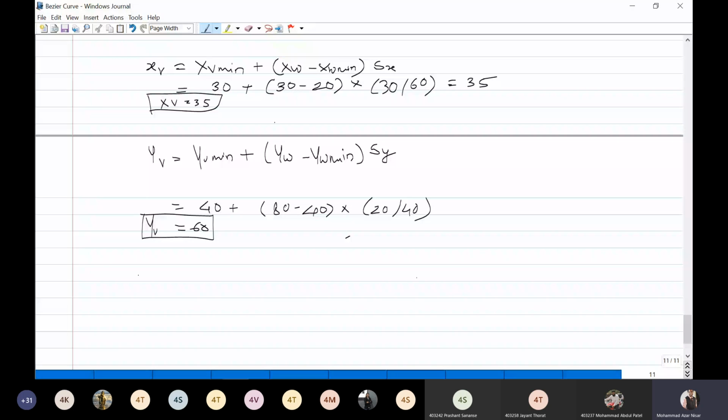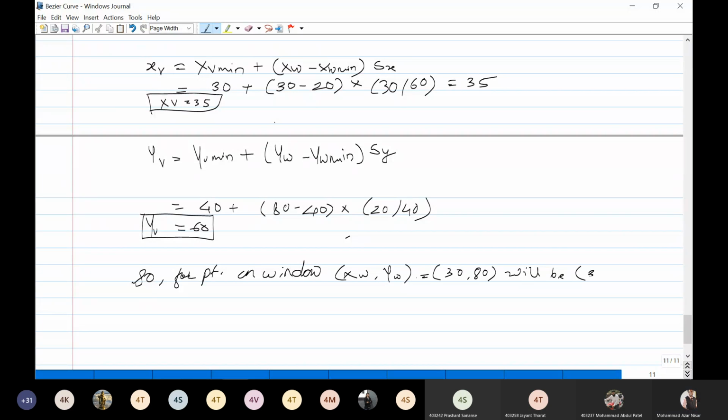For the point on window, given xw and yw, the remaining value, that is the viewport value, will be 35 and 60.